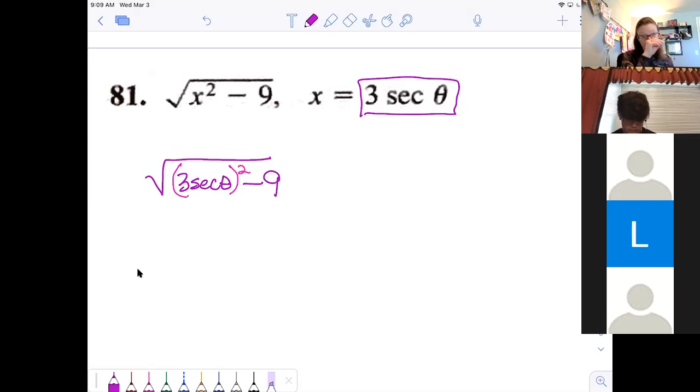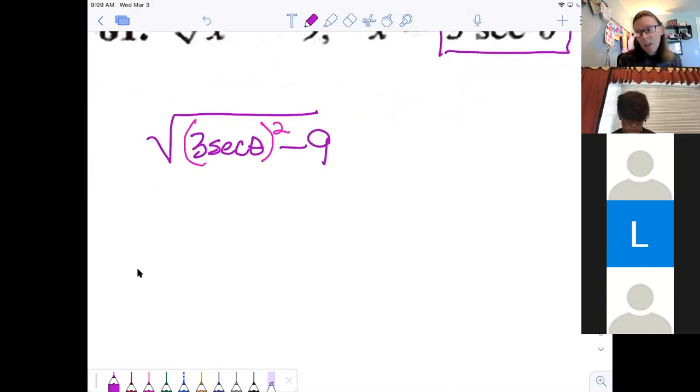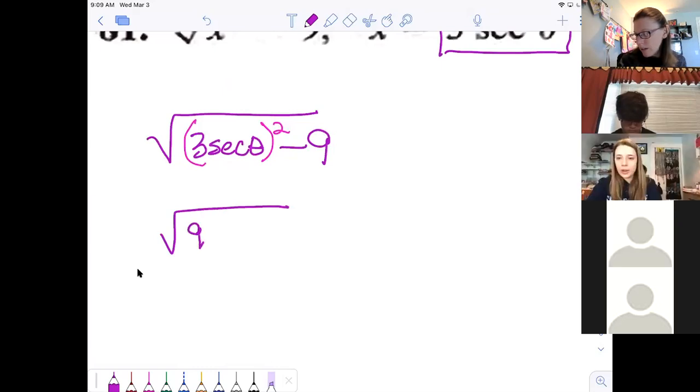And then we have minus 9. So Jenny, when you square 3 times secant, what does that become? 9 secant squared. Yeah, you get 9 secant squared. And then it's still minus 9.